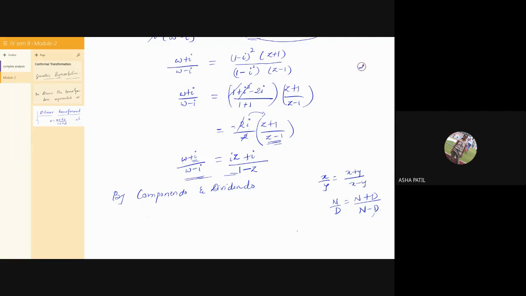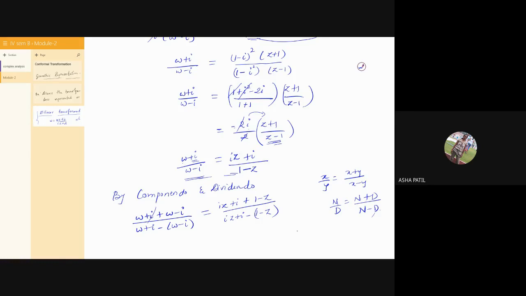So what we have? Numerator W plus I plus denominator W minus I, divided by numerator minus denominator. Again the same here, numerator plus denominator divided by numerator minus denominator.